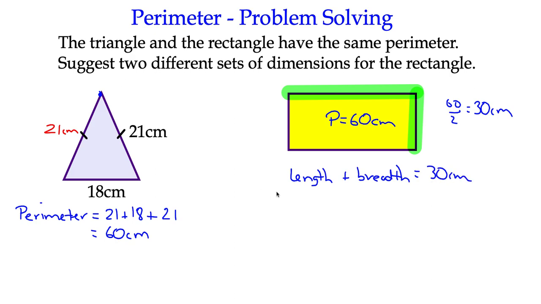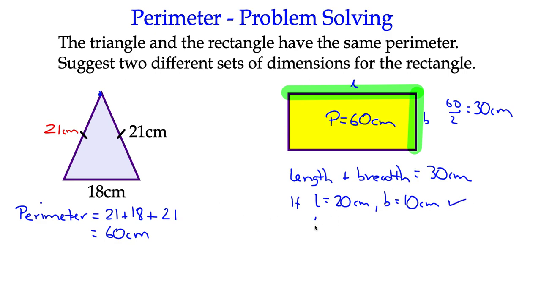So in other words, if I just pick a value for one, we'll call that length and call that the breadth. So we could say if L equals 20 centimeters, then the breadth is going to be 10 centimeters, because I know that 10 and 20 make 30. If I go ahead and say 20 and 10 and 20 and 10, I'll get to 60. So there's my first answer.